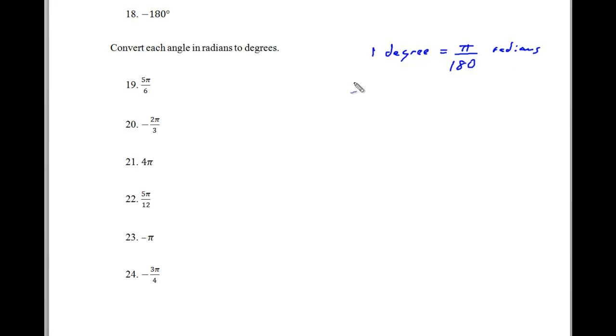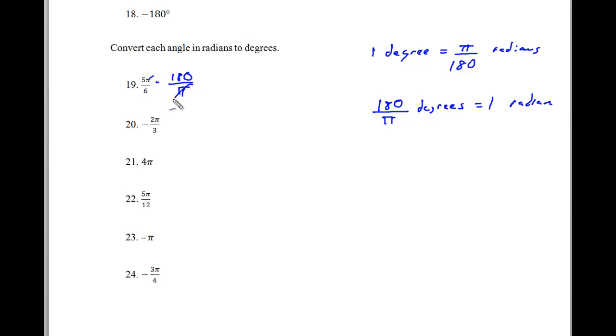So the formula for this one is kind of a nice cross multiplication equivalent, because if you want to figure out what 1 radian is, you would just crisscross your multiplication, and this would be 180 divided by pi. So 180 divided by pi degrees is equal to 1 radian. So what we'll do here is take each of these problems and multiply it by 180 over pi.